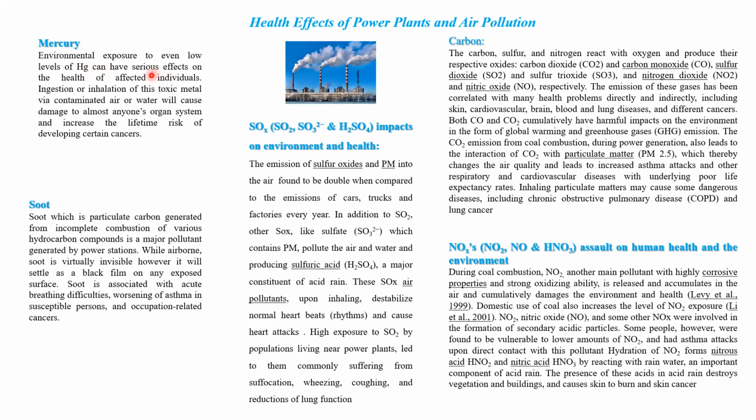Again, I have optimized this so that you can write a short note or brief on the health effects of power plants and air pollution. So mercury: environmental exposure to even low levels of Hg can have serious effects on the health of affected individuals.